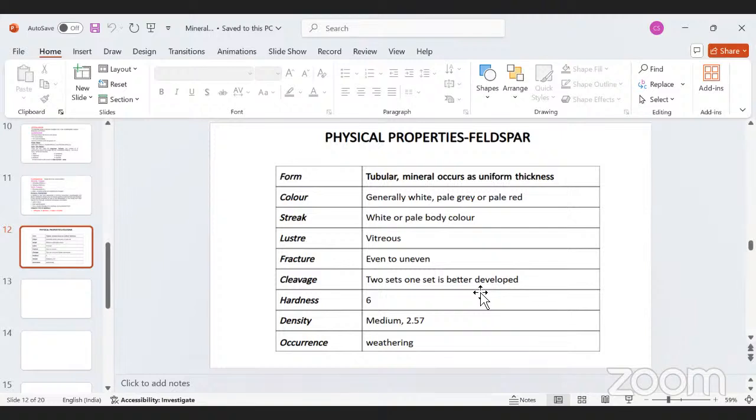Some minerals are non-silicate minerals. Examples: chalcocite, bornite, galena, cobaltite, cinnabar, molybdenite, graphite, and pyrite, which is FeS2.